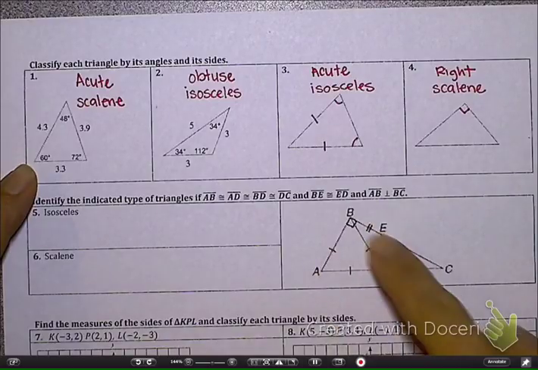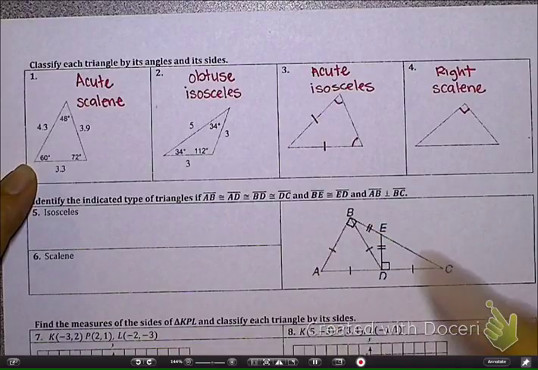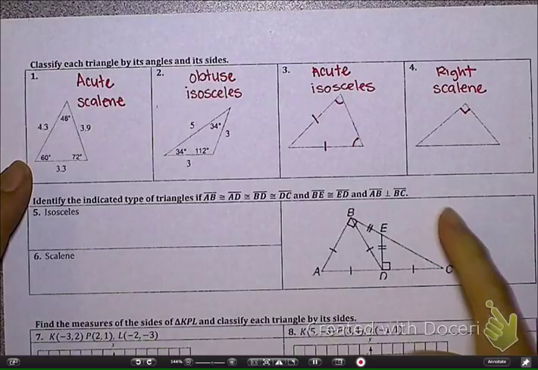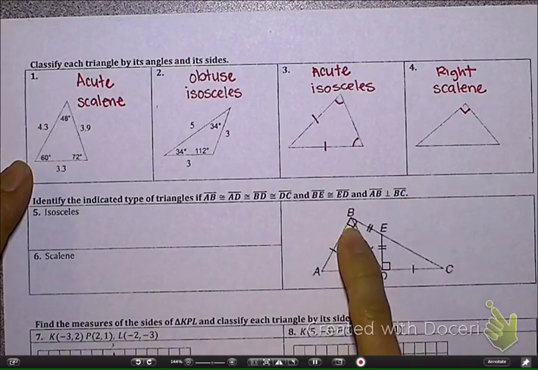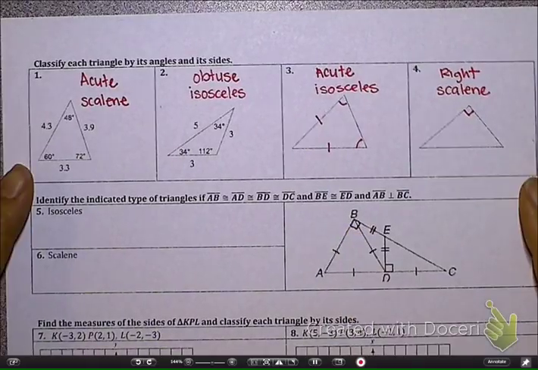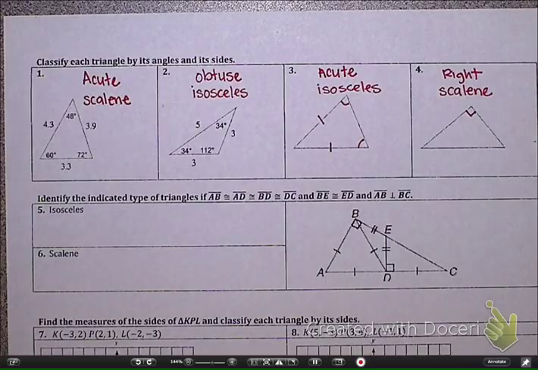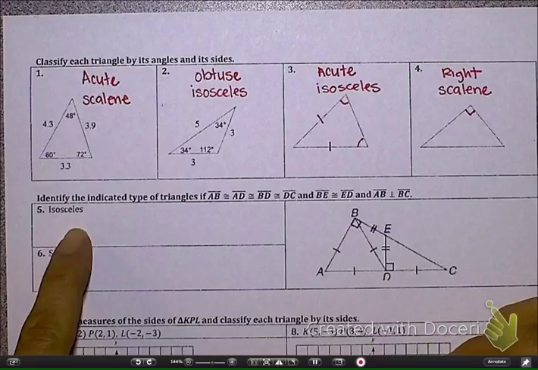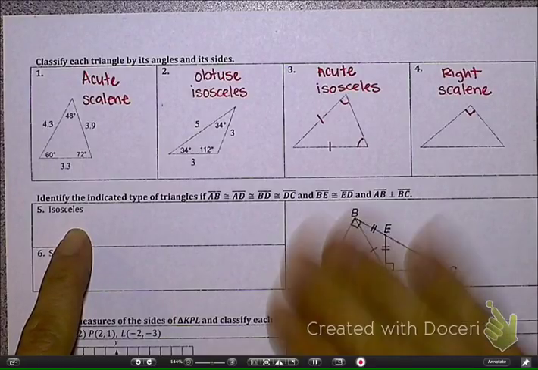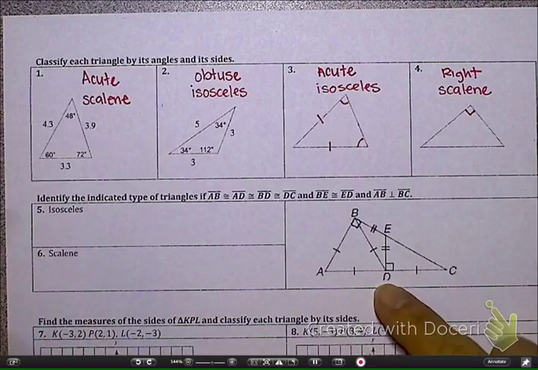You guys see all the little marks showing what's congruent, and then you see, because these were perpendicular, there's a right angle right here. Okay, now what we're trying to do is identify, first, some isosceles triangles that we see in this picture. That's a D, right? Yes, this is a D right here, okay?